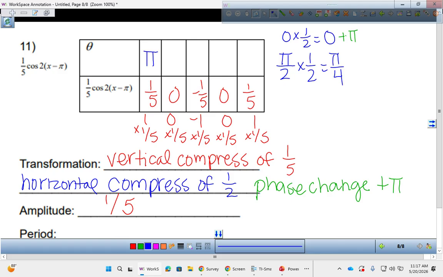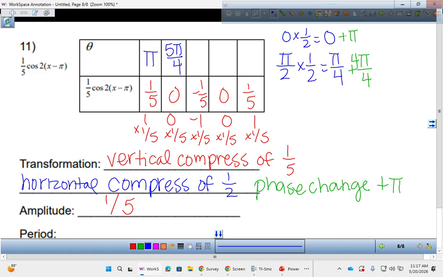I'm moving it plus pi. In order to do this math, addition of fractions, I need common denominators, right? So I'm gonna give this a 4 and this a 4. And so now I'm at 5 pi over 4.